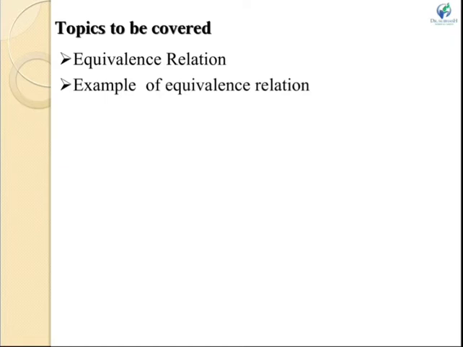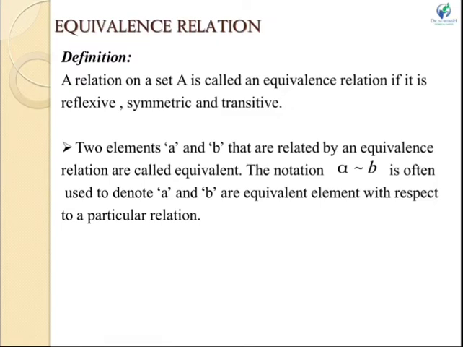For the subject Discrete Mathematics and chapter Relation, we will discuss what an equivalence relation is and see examples of equivalence relations. First, let us define equivalence relation. A relation on a set A is called an equivalence relation if it is reflexive, symmetric and transitive. We have already learnt in our previous lecture what reflexive, symmetric and transitive relations are.